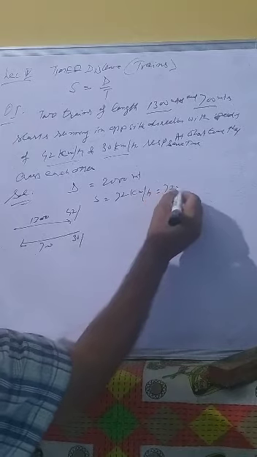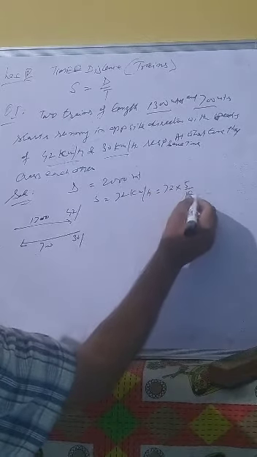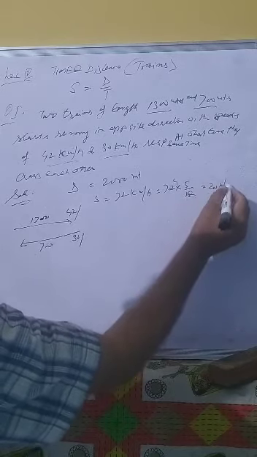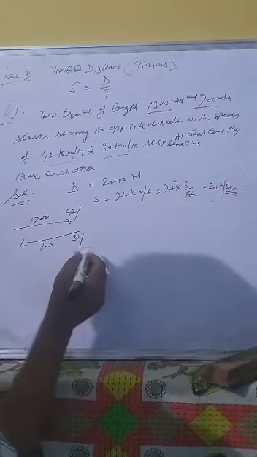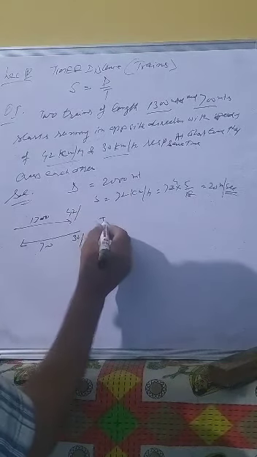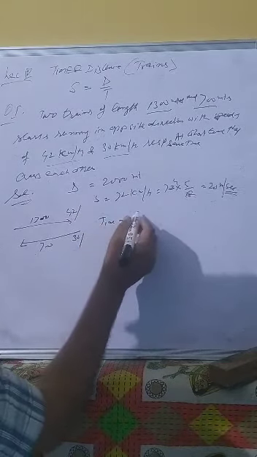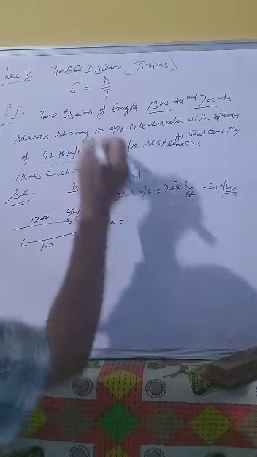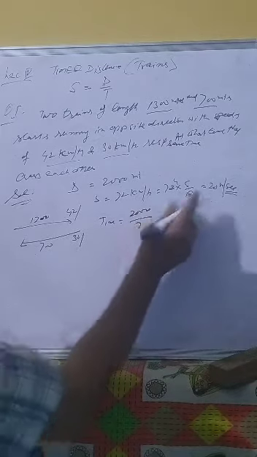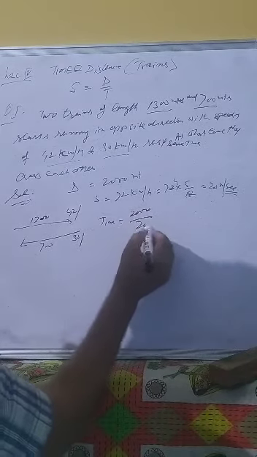We can write it as 20 meters per second. Distance is given, speed is given, we can find the time. Time is equal to distance over speed. Distance is this, speed is 20.